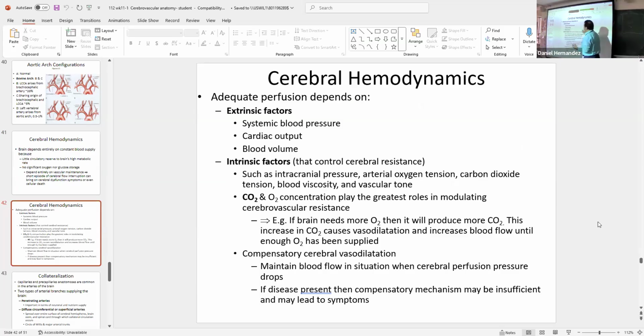Adequate perfusion to the brain, meaning enough blood supply to the brain, depends on certain factors. So there are outside factors that determine the amount of blood flow that's able to get to the brain. One of the outside factors is our systemic blood pressure. We need enough blood pressure to keep blood flow going to the brain.